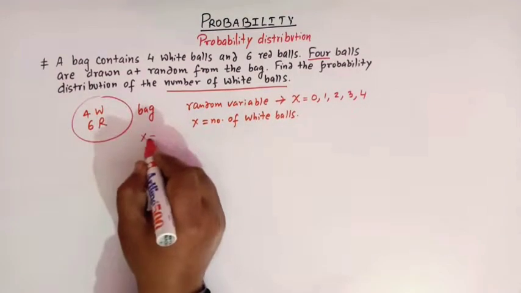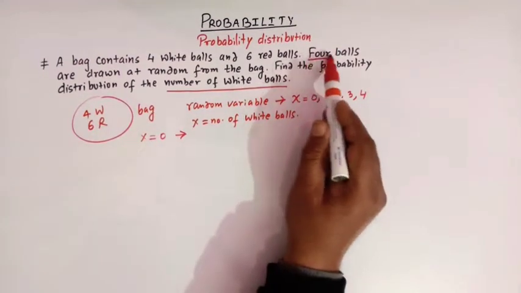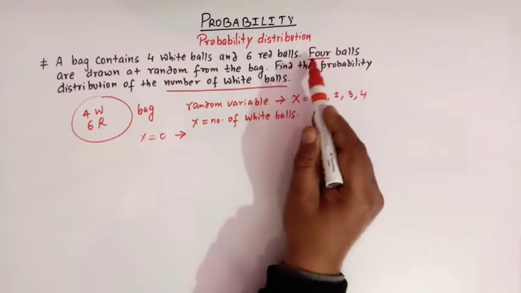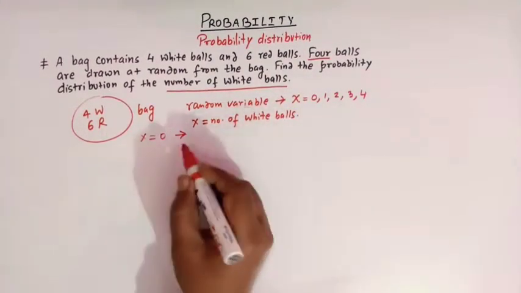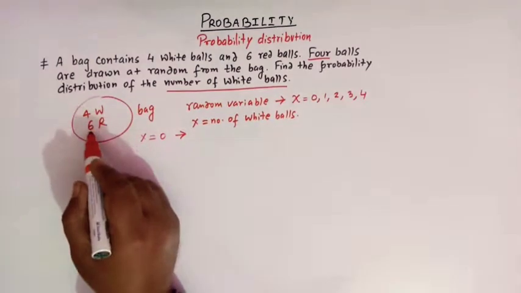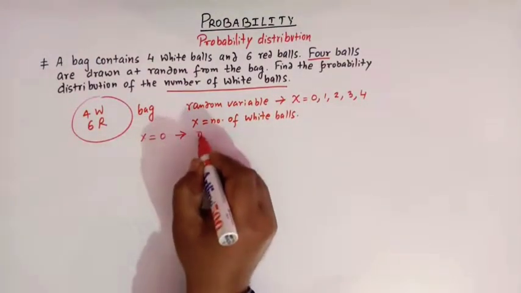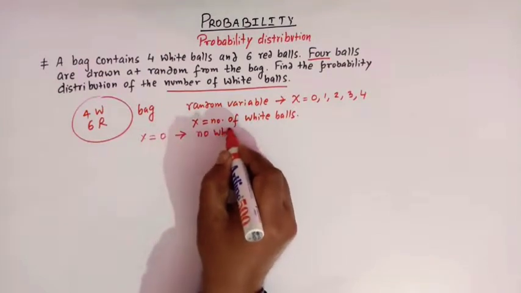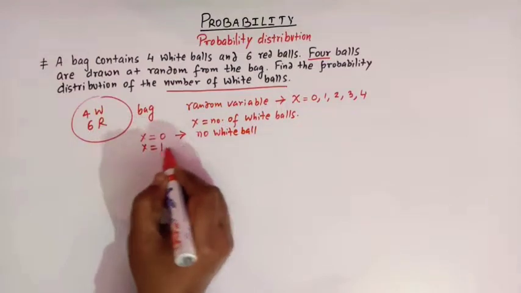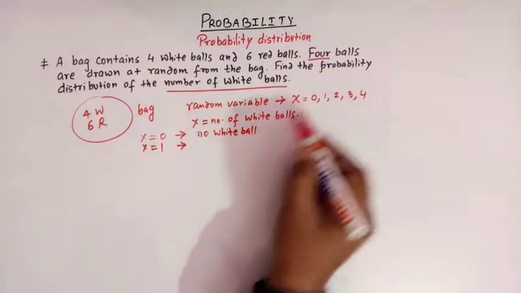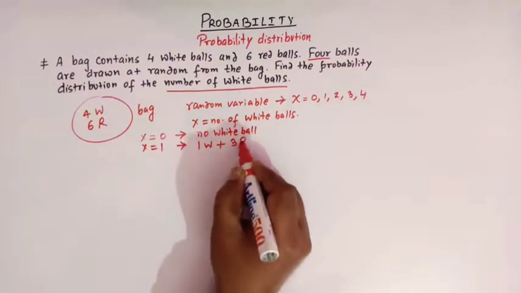So x is equal to 0 implies none of the balls are white, because if we draw 4 balls and all 4 balls are red in color, x is equal to 0 implies no white ball. When x is 1, it implies that we have 1 white ball and 3 red balls.